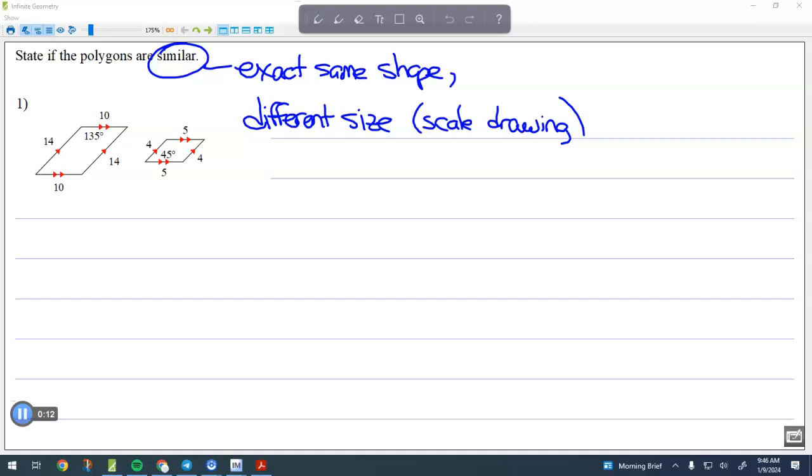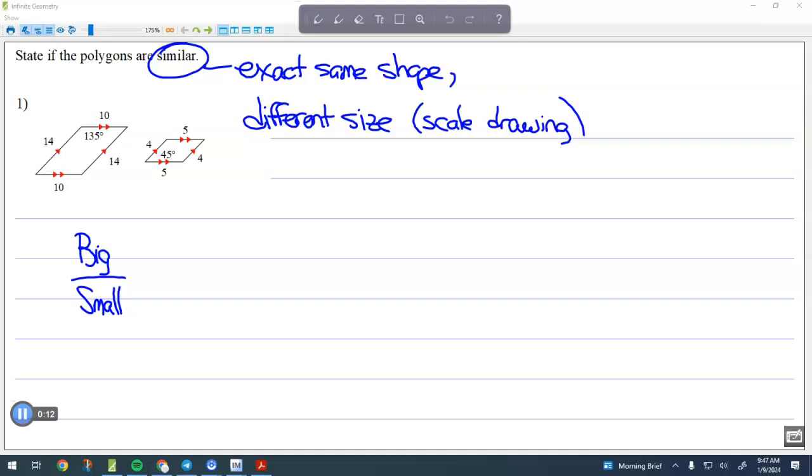Anyway, what I want to do, so I've got a big shape and a small shape. And every problem I see with similar, I'm going to write big over small. And just set it up to remind myself what's going on. And if the two things are similar, every single side will be double, or triple, or quadruple, or 1.5, whatever.